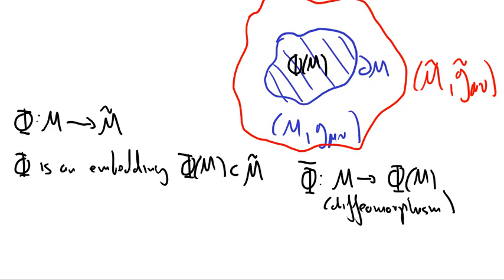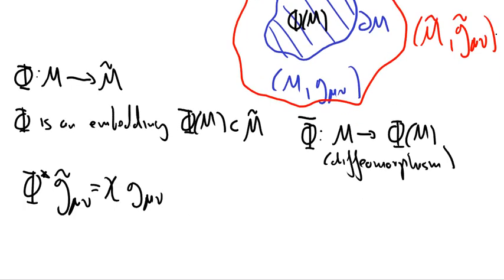So what does it mean? It means that the following property is satisfied. We take the pullback of the metric of the big Lorentzian manifold, then this pullback, which is now a tensor in the starting manifold, is conformal to our original metric.